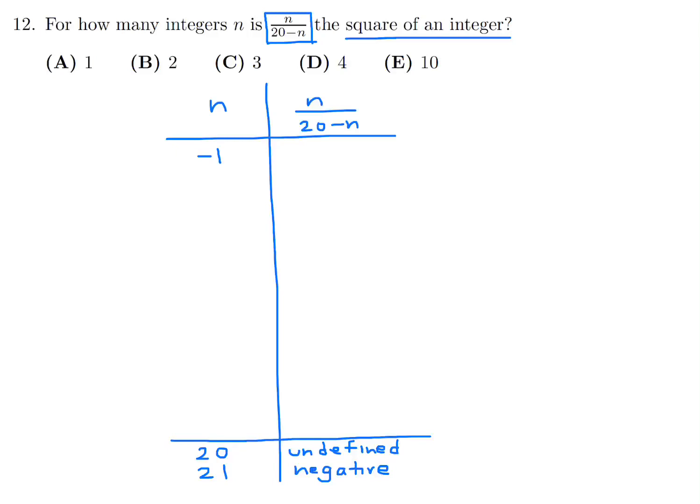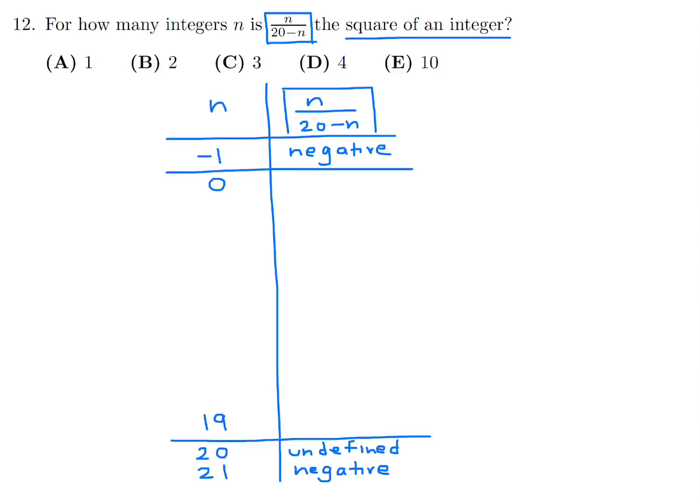I can't have that, because I want this expression to be a square of an integer, which is always positive. So our boundaries look like 0 and 19 in terms of the smallest and the largest. Okay, so let's go with this.